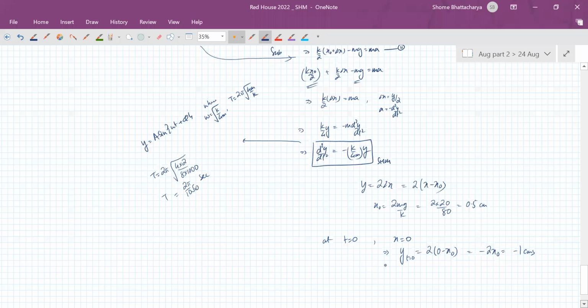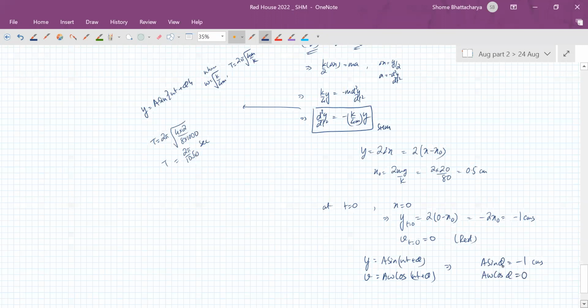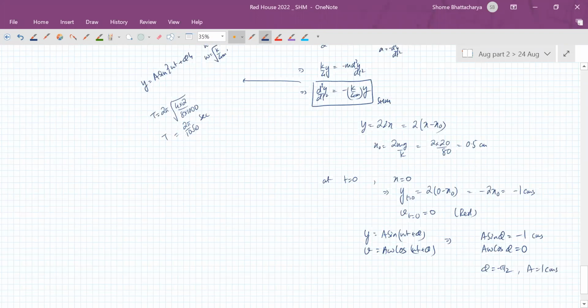So if y is a sine omega t plus phi, then v is a omega cos omega t plus phi. So we can see that a sine phi is minus 1 centimeter and a omega cos phi is 0. So that means our phi should be minus pi by 2 and a should be equal to 1 centimeter.